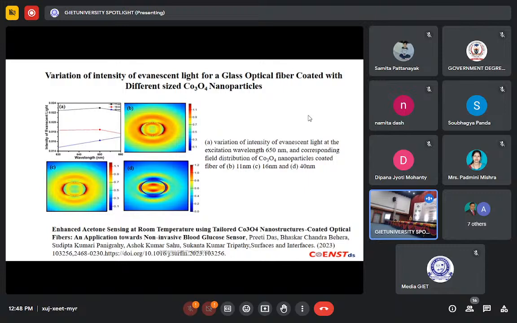And you see for 16 nanometer, more light is coming out compared to the other two. It is not necessary that the smaller dimension will give more light. For example, for 11 nanometer, the light which is coming out is not more. Similarly, for 14 nanometer, the light coming out is not more, but for 16 nanometer, more light is coming out.